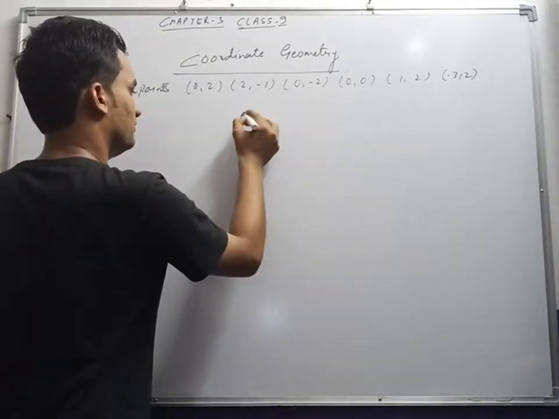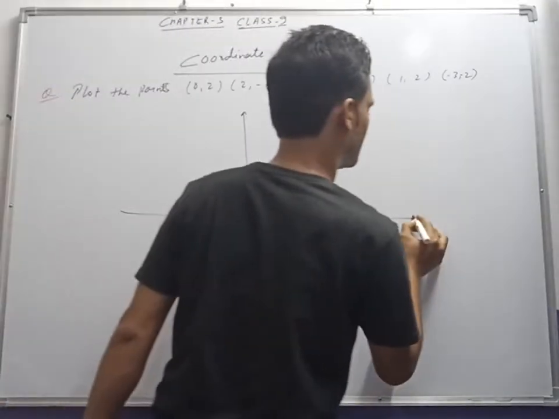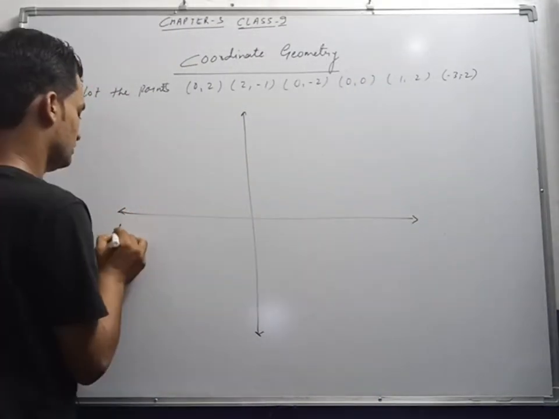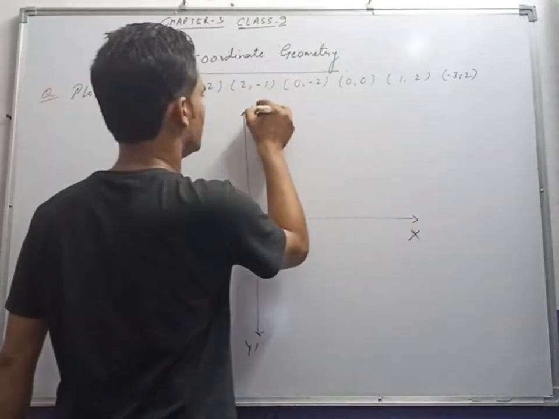First of all, we will make a plane with the x-axis and y-axis. This is x dash, this is y dash, this is x and this is y.